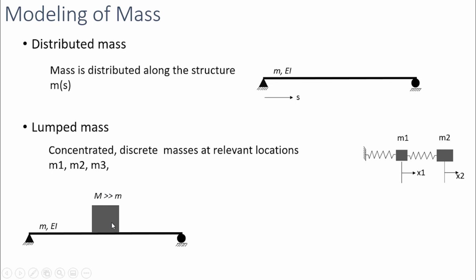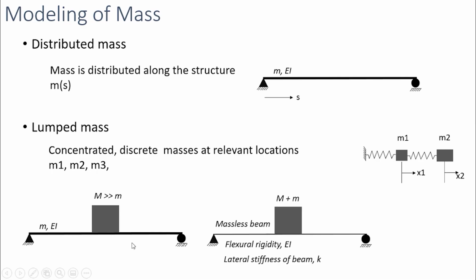In such situations, we can neglect the mass of this beam with respect to this additional load on the structure. So what can we do? We can treat this as a massless beam, and we can lump the mass of the beam also with the mass m. So we can treat it as a single mass acting here and a massless beam.